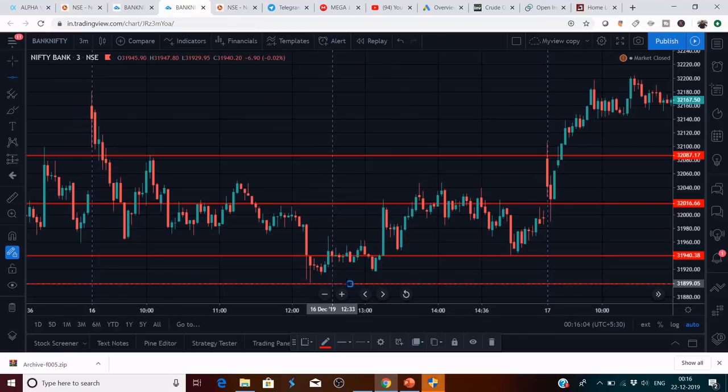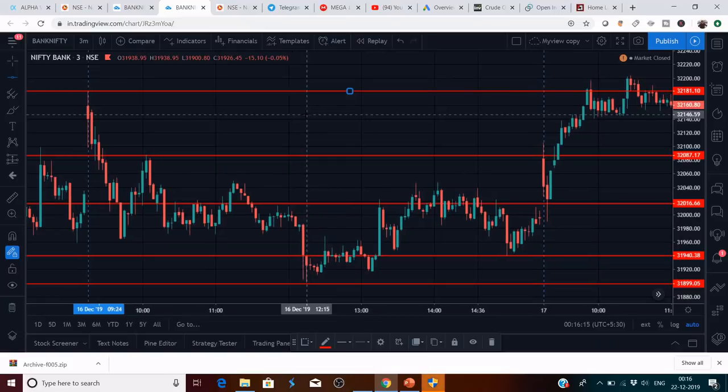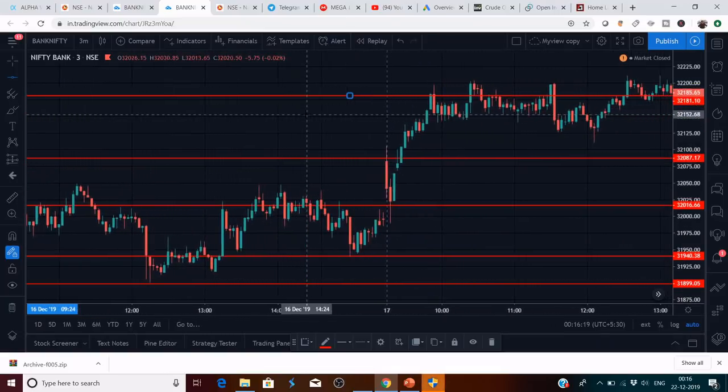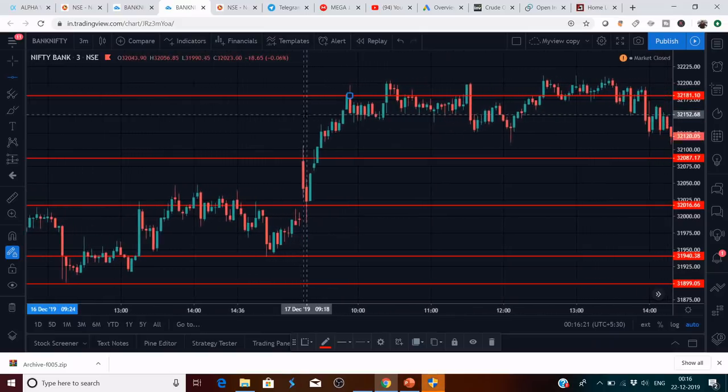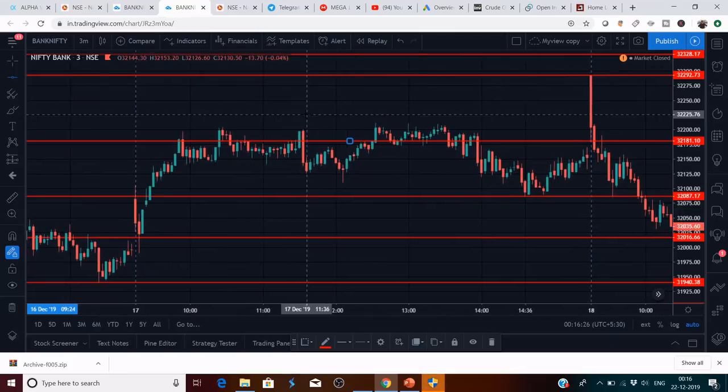There is one more lowest point here. So this was the high of this day. Okay, so assume we have marked it for the last 3 days, let us try and analyze the 20th December trend as per these lines.